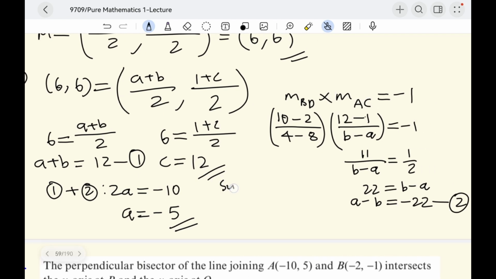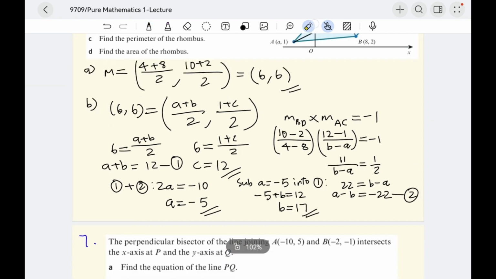Substitute your a equals negative 5 into any equation. For me, I will substitute into equation 1, to make my job easier. So I have negative 5 plus b equals 12. So what will be my value of b? Which is 17. Okay, so therefore, the value of a is negative 5, b is 17, c is 12.